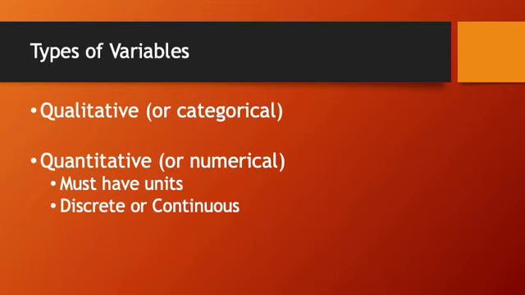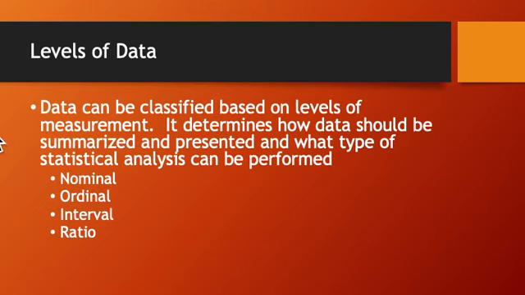So let's move on here. The levels of data determine what measurement we're using, and that tells us how we should summarize the data and how we should present it, and it's furthermore going to be important as to what statistical analysis we can perform on that data.